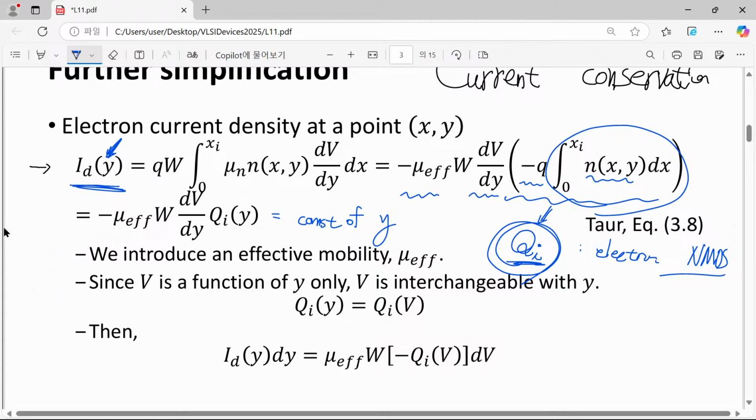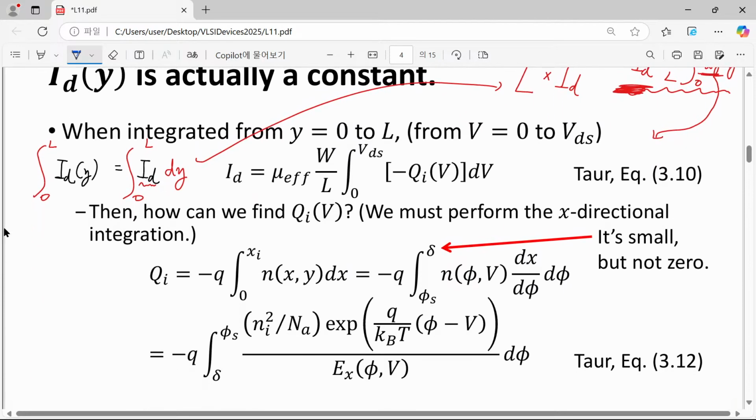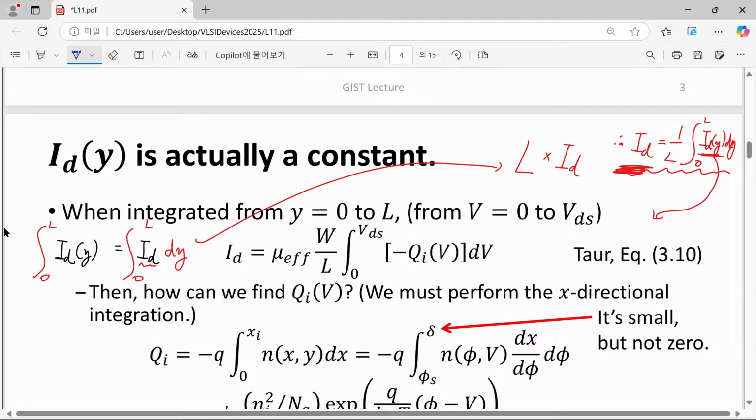So now let's treat this mu effective as a real constant in this given problem. Just treat it as a given constant. Okay. So that's the way we have done. So then let me just write down in this way.